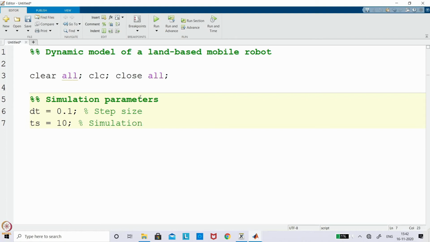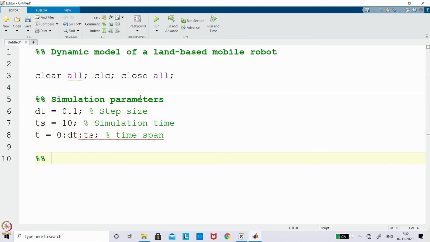These are the same as before, but you can see something is going to change. Then t is also a time span, which starts from 0 and increases by delta t up to ts. So this is your total time. In the sense, this is what I put as the time span. But what we did earlier was the initial condition, which was only a first order derivative, but here it is second order.